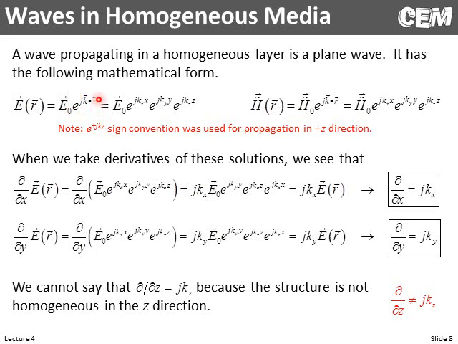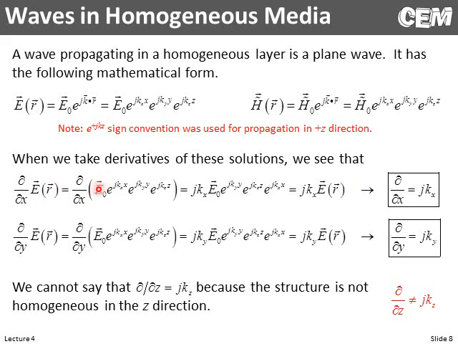Anyway, so we have this typical e to the jk dot r. That's describing the wave in the direction of k, and r is position. Have y'all seen that before for plane waves? So we can take this and expand it out into the 3 different vector components. And we can do the same thing for the H field. Has the same form. Now what we want to do is ask the question, what if we take a derivative in the x direction of this electric field?